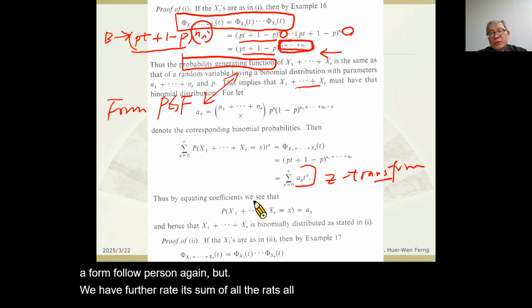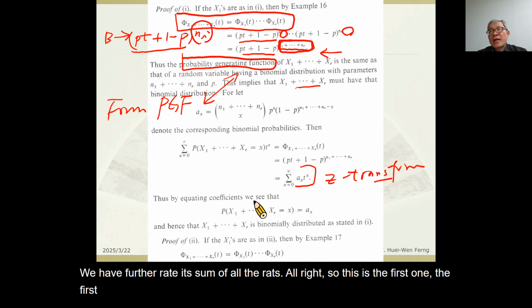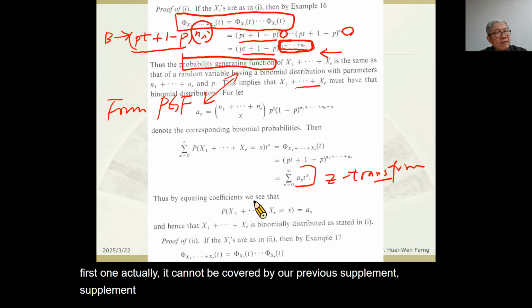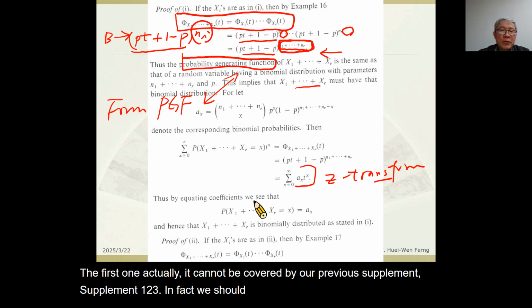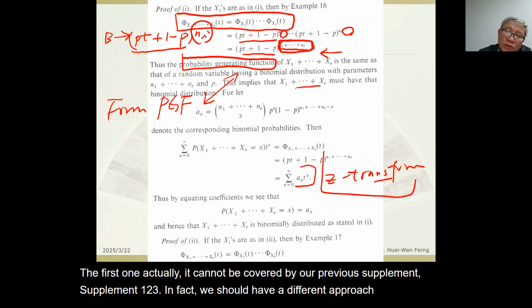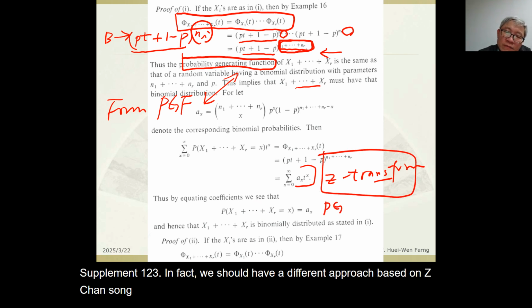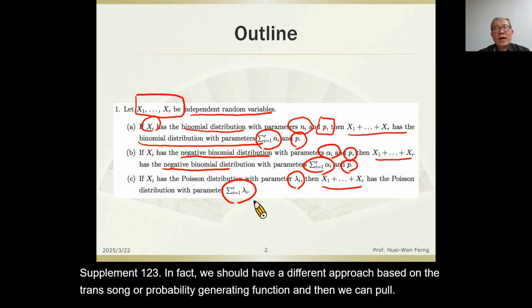So this is the first one. The first one actually cannot be covered by our previous supplements 1, 2, 3. In fact, we should have a different approach based on the Z transform or probability generating function, and then we can prove it. So finally, we have the result.